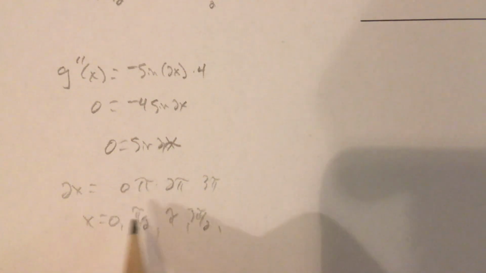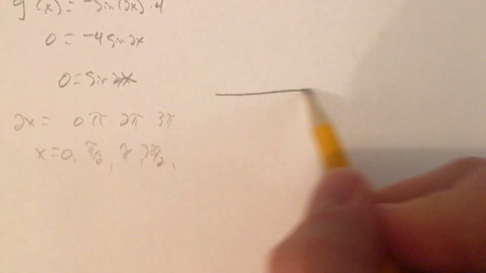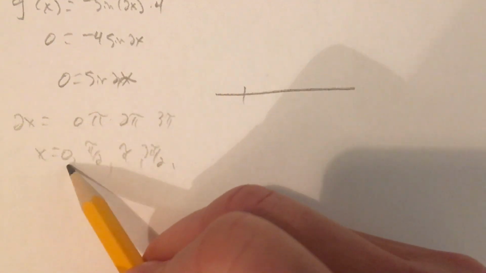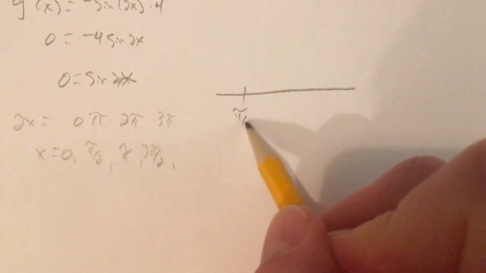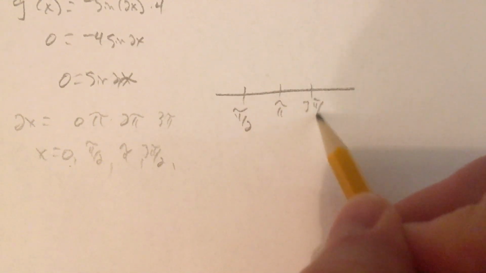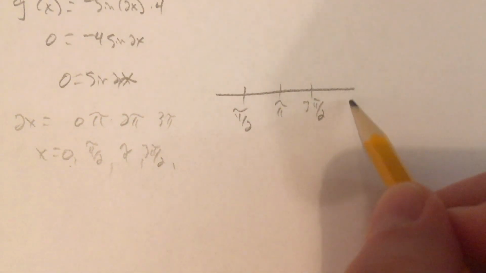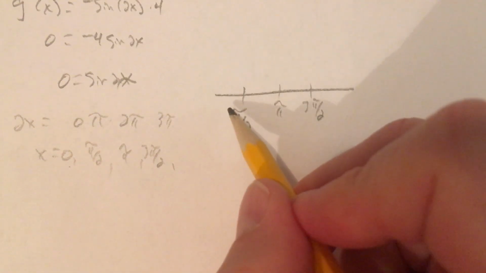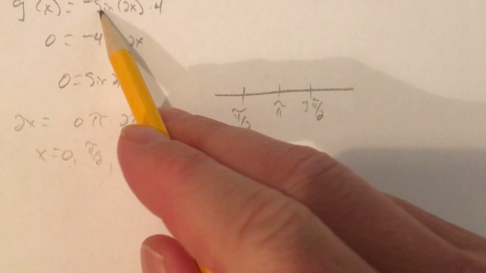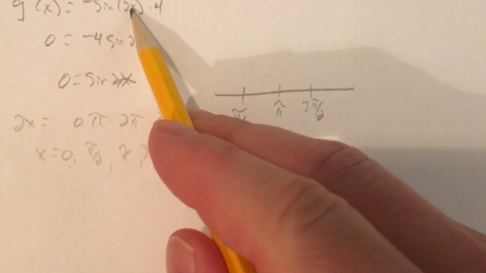So I'm getting lots of possible inflection points. I don't really need to put 0 because that's at the beginning. But if I put pi over 2 and pi and 3 pi over 2, and then 2 pi, like I said, is at the end here. If I put pi over 4 into the second derivative, I would get sine of pi over 2, which is 1.